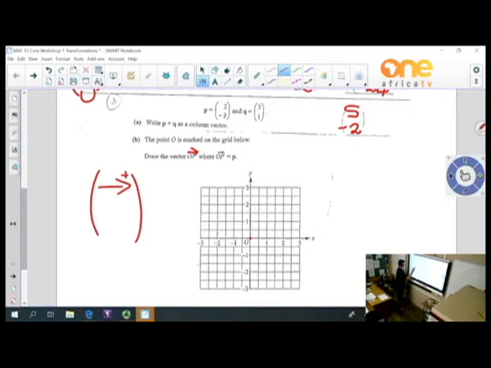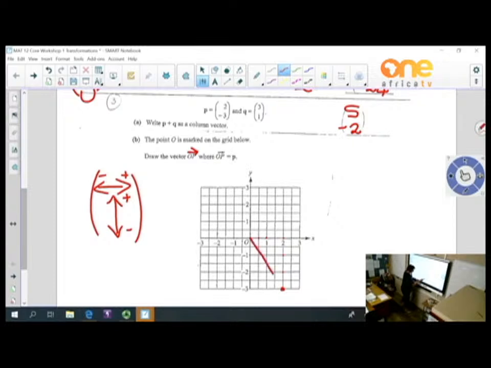If you go to the right, it's positive. If you go to the left, it's negative. If you go up, it's positive. If you go down, it's negative. So now I go 1, I have to, don't just count blocks, you'll have to use the units. So I go 1, 2, and then 1, 2, 3, because it is negative 3.